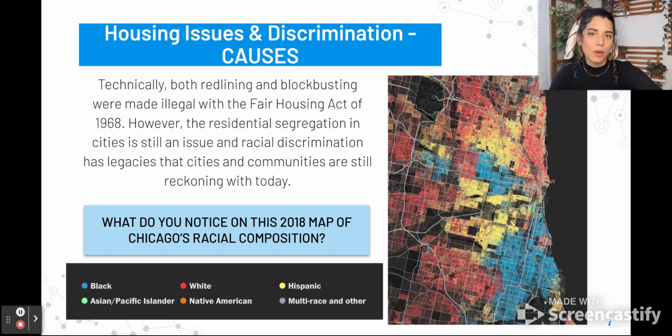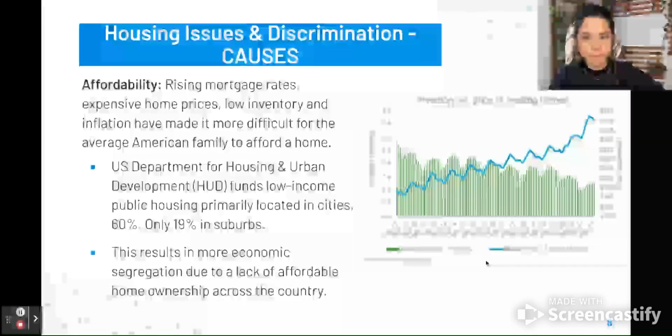And also, once that happens, then it's really hard to change the way that certain neighborhoods are perceived or the way that a neighborhood looks. So, this is a modern map. So, even though those practices have not been allowed officially in decades, we still see the effects of that. And then here we have the breakdown of what predominant group is in what area.